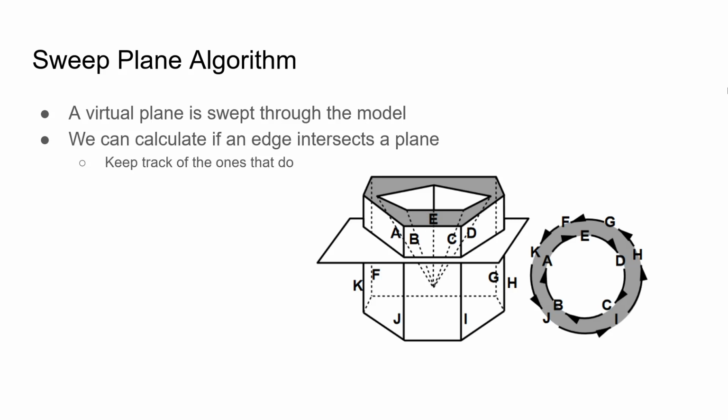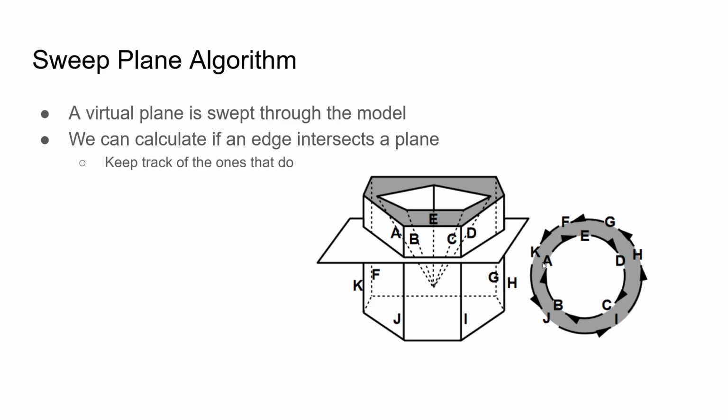The sweep plane algorithm is probably your most intuitive idea of what a slicer might do, right? The concept is that a virtual plane goes step by step through your model and observes which edges intersect with said virtual plane. As that plane goes up, you see what intersects with it, and you keep track of the vertices that do.